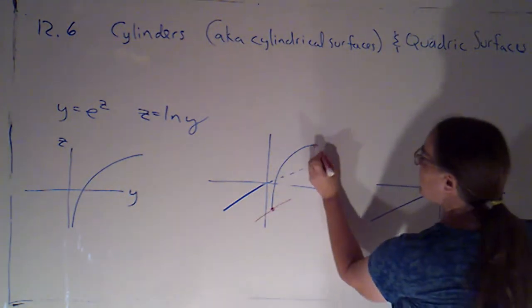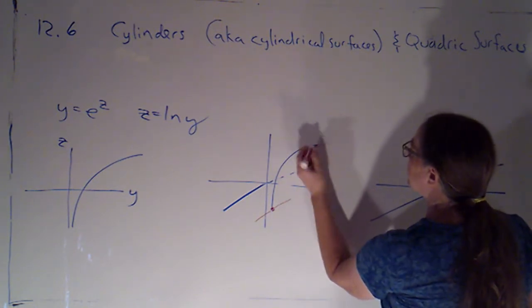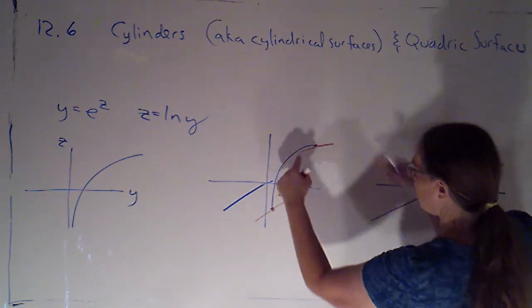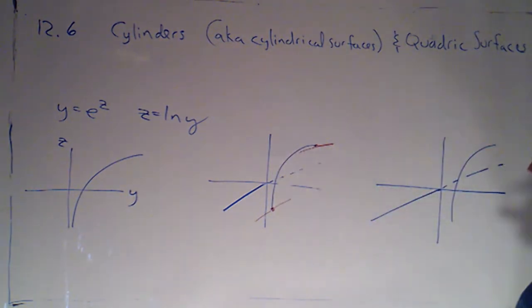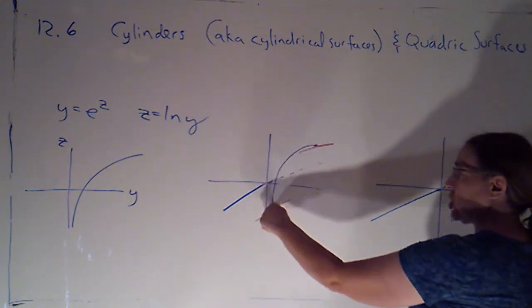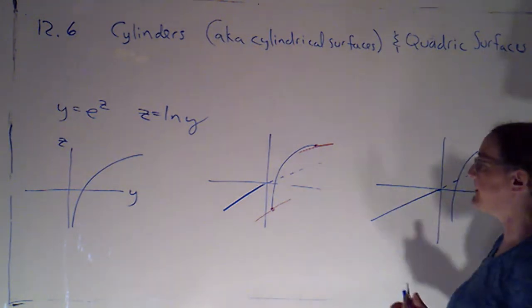And now I'm going to do that with this point up here as well. So I'm going to extrude backwards, and then forwards that same amount, making sure that I'm parallel to that x-axis. Okay. And then I want to connect the points. Notice that the original curve is connecting the midpoints of these line segments that I've created.